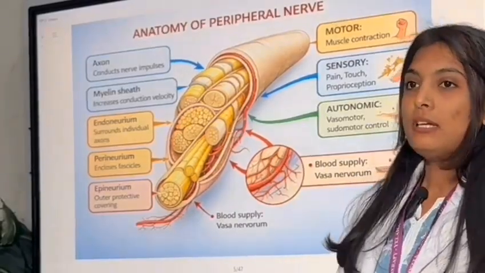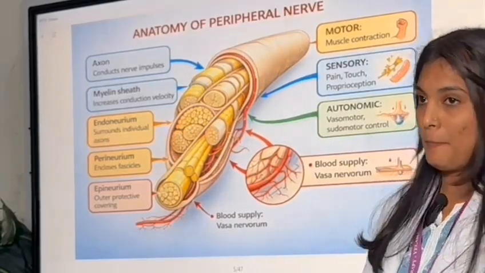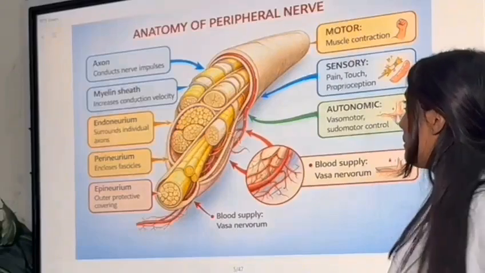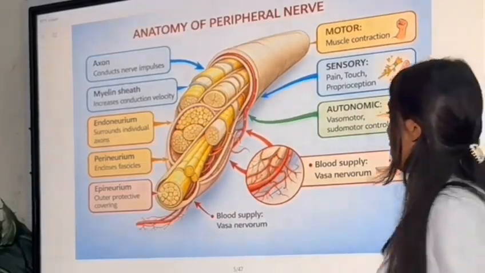For example, the palm may be dry because of damage to the ulnar nerve. And the blood supply to the peripheral nerve is called vasa nervorum.